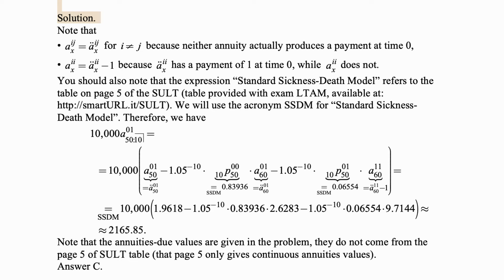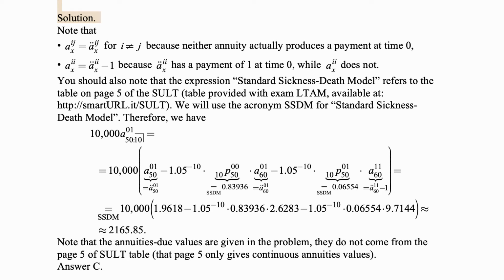You should also note that the expression standard sickness death model refers to the table on page 5 of the standard ultimate life table provided with exam LTAM, available at smarturl.it/SULT. We will use the acronym SSDM for the standard sickness death model.